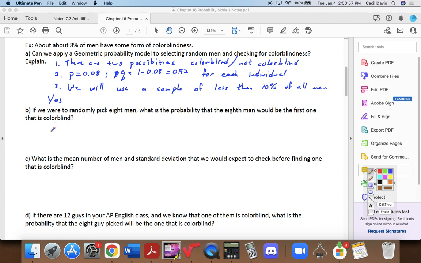The probability that capital X is equal to 8 is going to be q, which is 0.92 to the 7th power times 0.08. Oh, this is making a lot more sense now. So our first 7, we want those all to be failures, and we want our last one to be a success. Ian, you got a number for us?